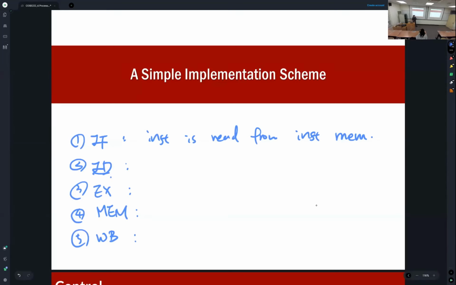Next, instruction decoding. The instructions given to a processor are encoded. The computer is a digital system, and digital systems can only understand digital signals, electric signals, which include only 1 and 0.